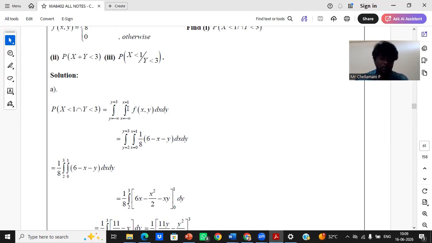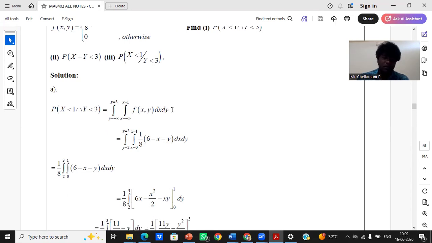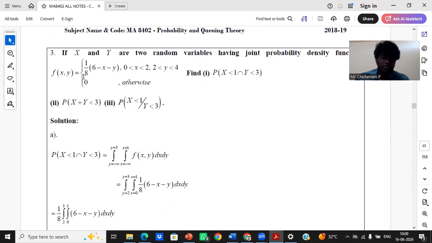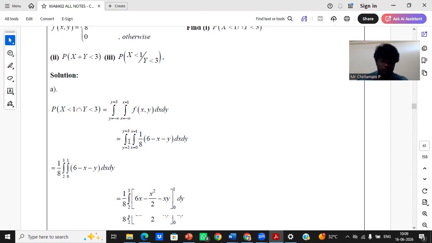Here the y limit is minus infinity to 3 and the x limit is minus infinity to 1. The function is f of x comma y dx dy. So our given function is 1 by 8 of 6 minus x minus y. So according to our limits, it changes to x from 0 to 1 and y from 2 to 3.